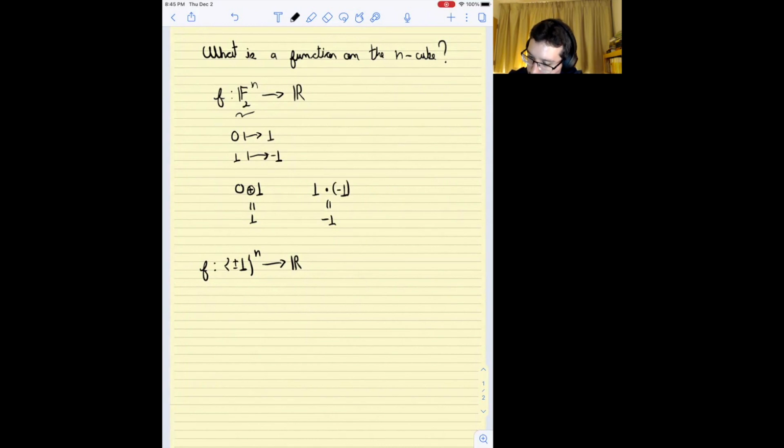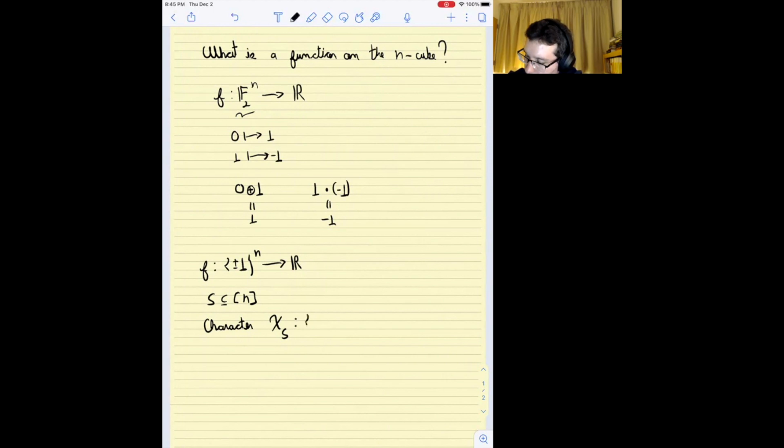So for each subset S of [n], we can define the character. It's going to have some input, but it's going to be a function on the cube again.